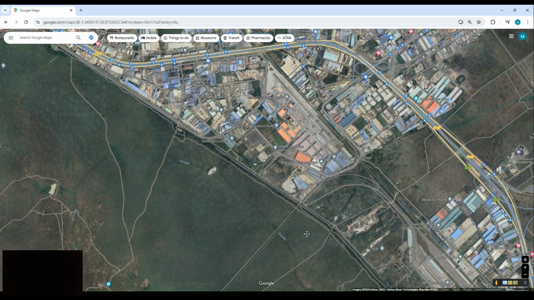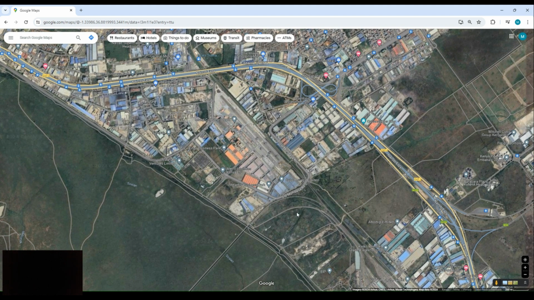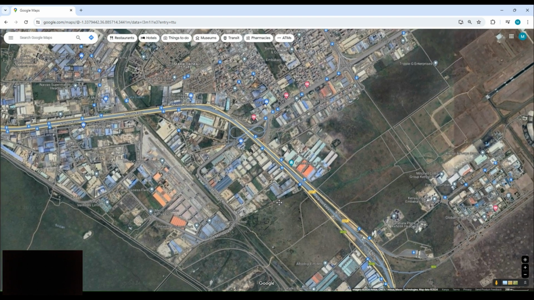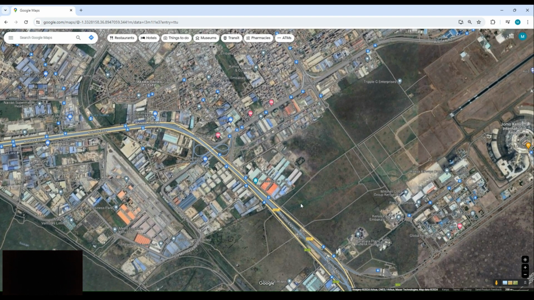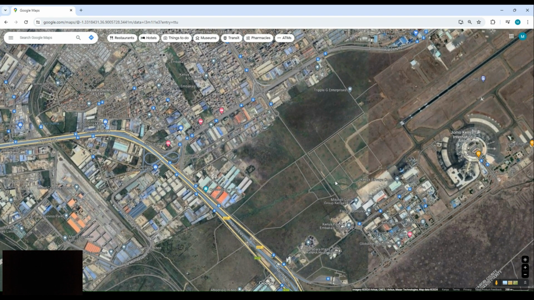And so when you look from this angle, you will see that at some point on Old Mombasa Road, you have some kind of greening, and this greening comes and crosses here at the Nairobi Expressway. And as it crosses the Nairobi Expressway, you can see it gets smack into the airport.